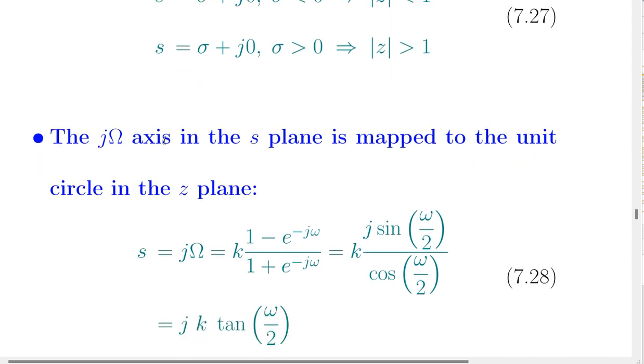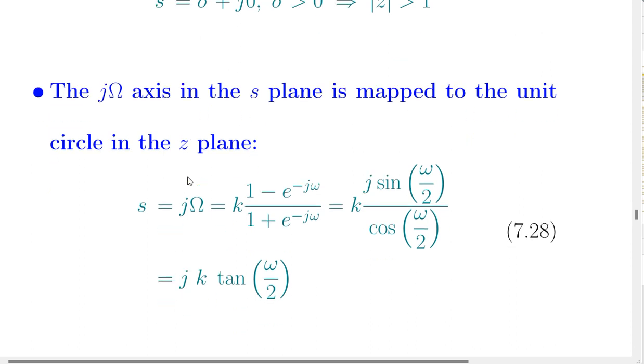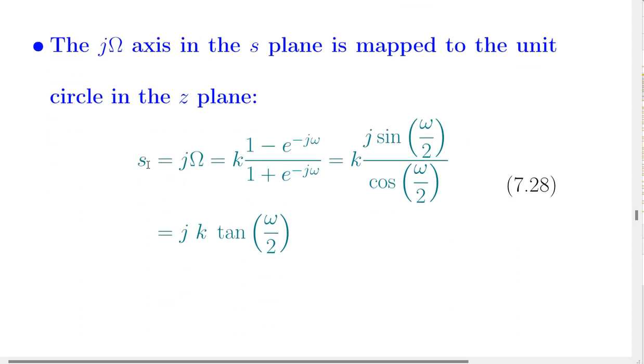The j omega axis in the S-plane is mapped to the unit circle in the Z-plane. How? Just consider S being equal to j omega, because you are mentioning frequency response, so sigma should be equal to 0. Then S will be equal to k times (1 minus e to the power of minus j omega) over (1 plus e to the power of minus j omega).